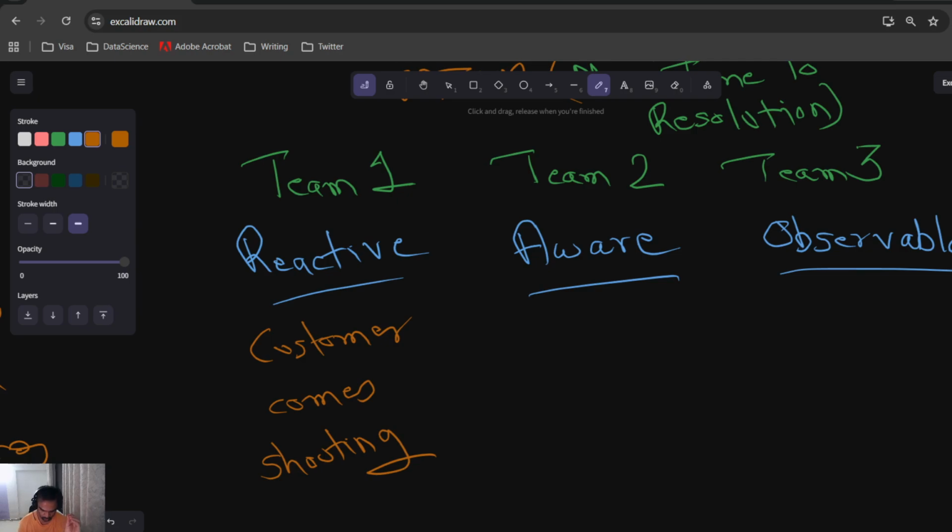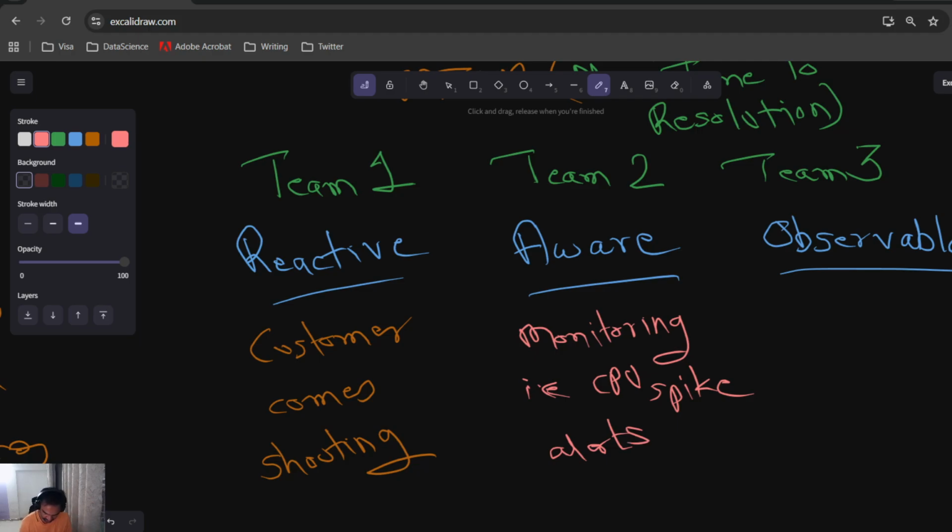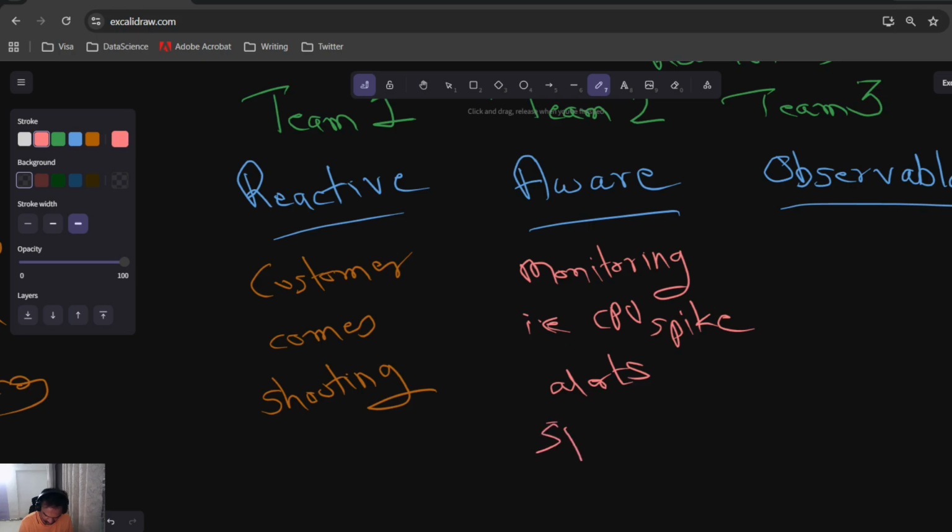An aware team. What is an aware team? So an aware team may have some monitoring in place. They may have some degree of monitoring, i.e., they get CPU spike alerts, or maybe some of the Splunk dashboards don't look good and stuff like that.